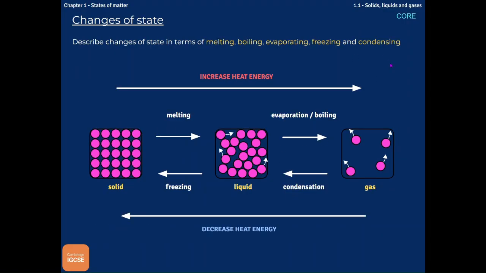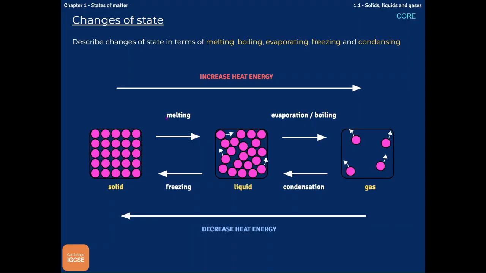When we think about the phases, we can change between them, right? And that has to do with how much energy our object or our particles have. So we can think about our energy as heat energy, right? That will be helpful as we think about changing states. So solids have the least amount of heat energy. Maybe we can use water as an example. Like ice is cold, right?